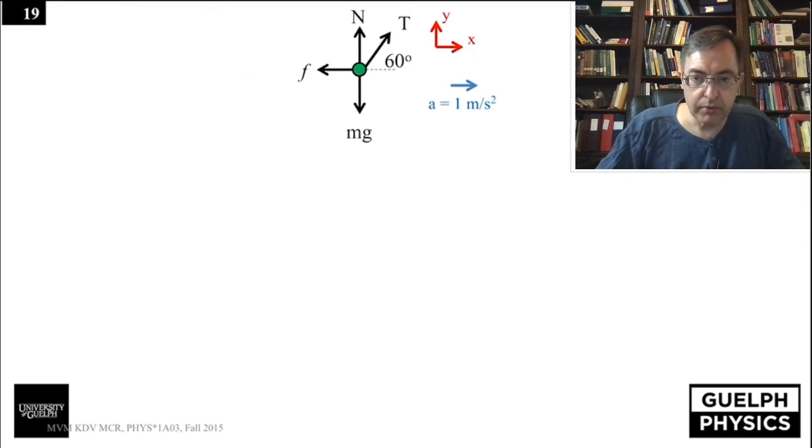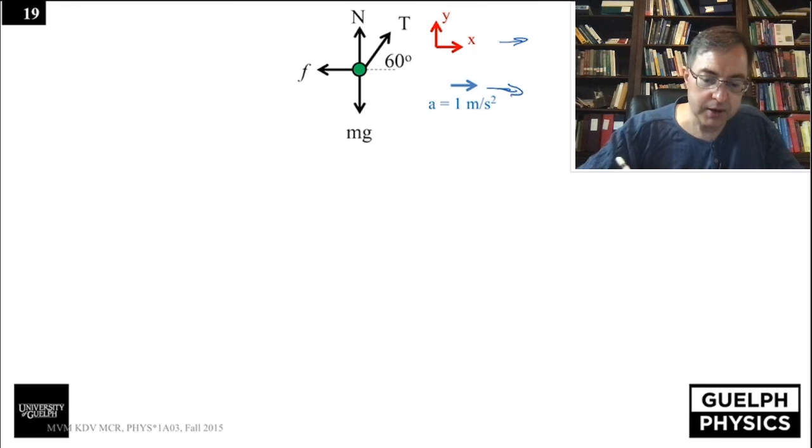All right, well, we start by drawing a free body diagram for this situation and putting in a coordinate system. And so our acceleration is to the right, and so we can align, say, the x coordinate with the direction of the acceleration. So right is positive, and in this case the y coordinate up is positive.